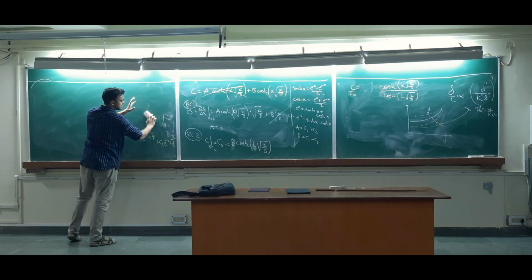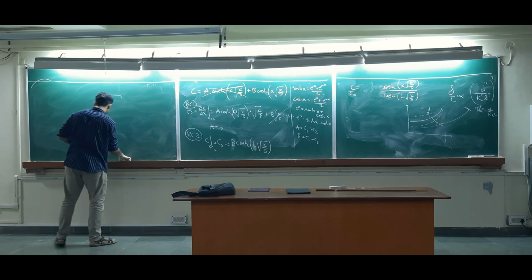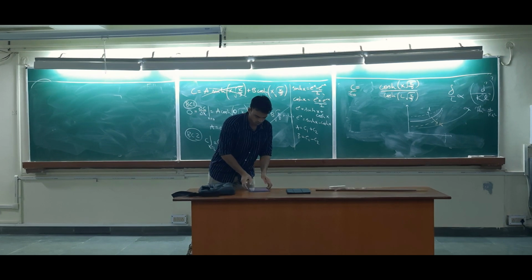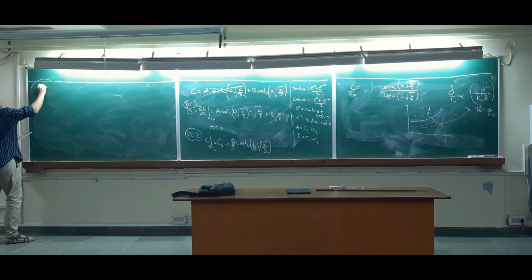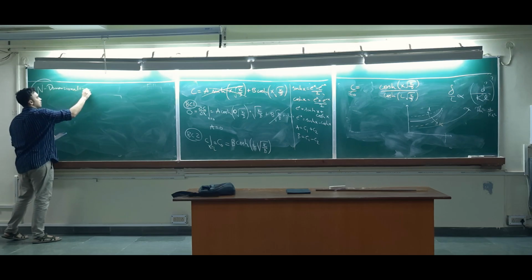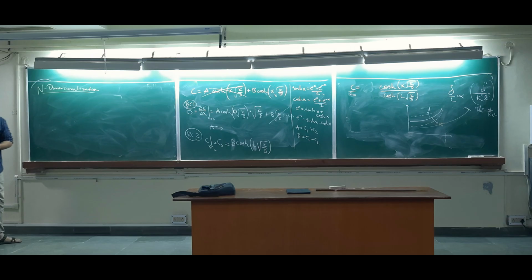Before I attempt this question, I'll just take a minute or two to tell you what non-dimensionalization is using a simple example. It's a very long name, so I'll just write ND from now on.